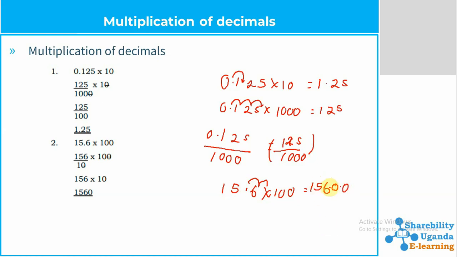This is 156.0, which is the same as 156. So this could be our answer.